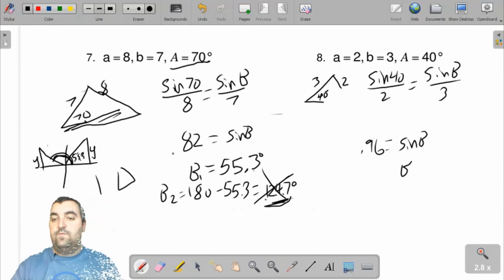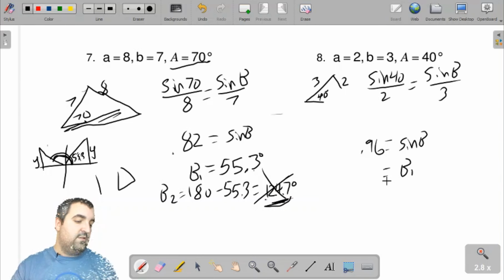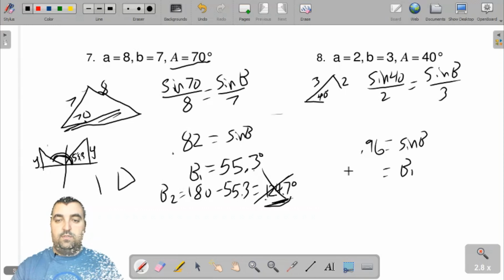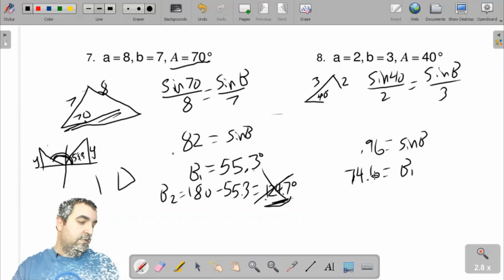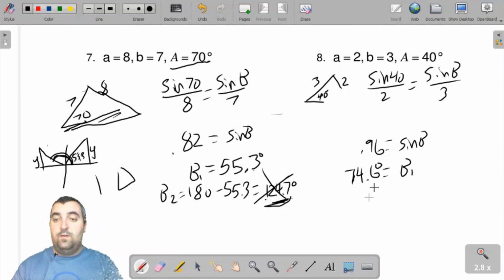So then we do the inverse sine, and we get that the first B value that's possible is a 74.6 degree angle. Alright, so once again though, because you have a 74.6 degree angle, there's also one in quadrant 2 that would also work.